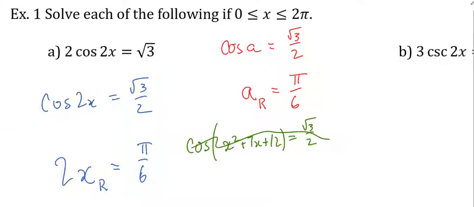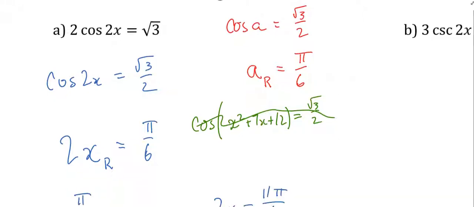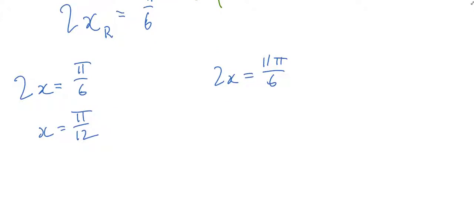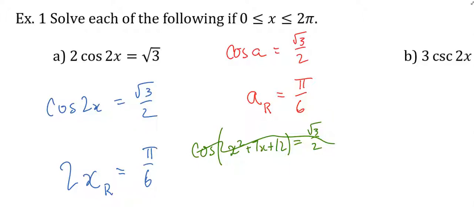So if it's 2x, I put pi by 12 in for x. I multiply by 2. I get pi by 6. And when I take the cos of pi by 6, I get root 3 over 2. That makes sense, right? If you sub back in for x at this step, you sub in the pi by 12. When you multiply by 2, before you do cos of the thing, you get back the pi by 6.